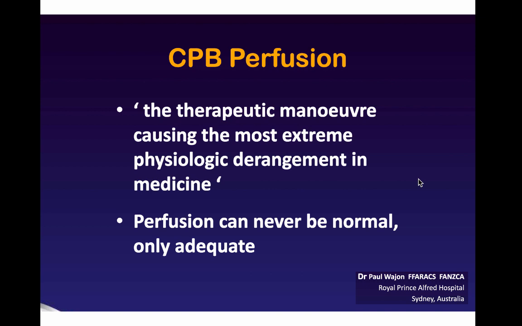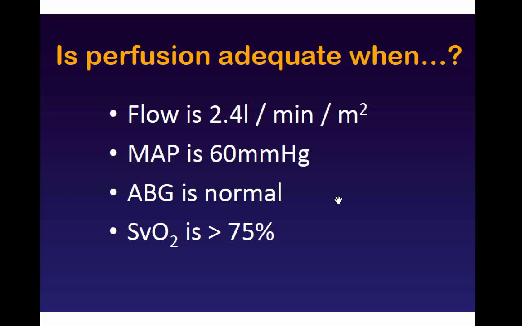What have we considered to be optimal perfusion in terms of adequacy? We use things like, is perfusion adequate when our flow rate is at a 2.4 cardiac index? We certainly use that as a benchmark. You add to that a mean arterial pressure of 60 millimeters of mercury, and usually there's a parameter, 60 to 80.